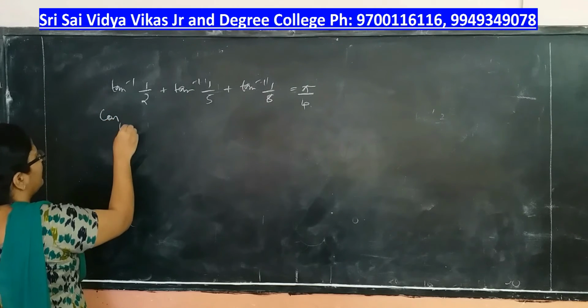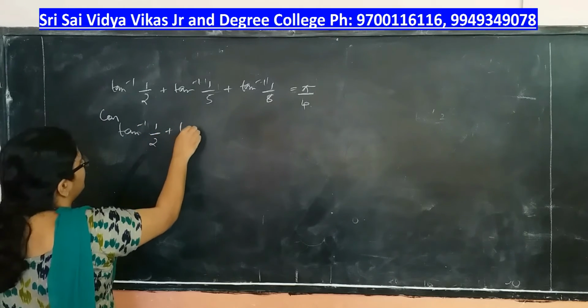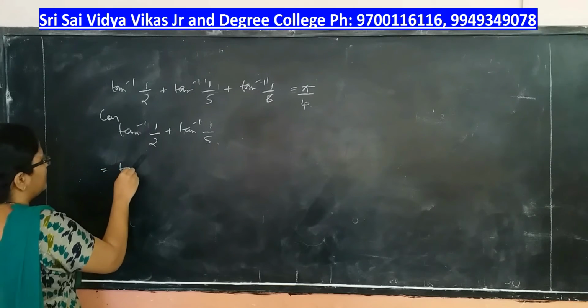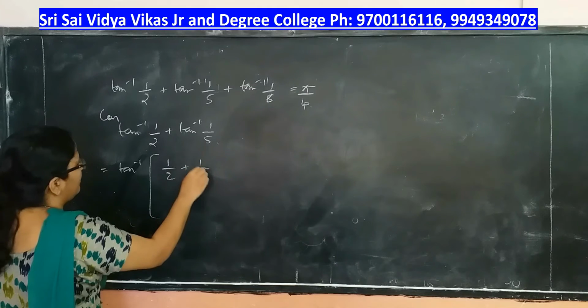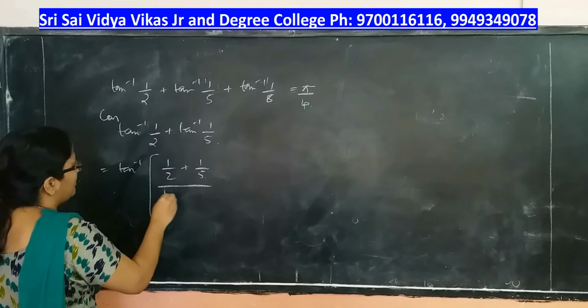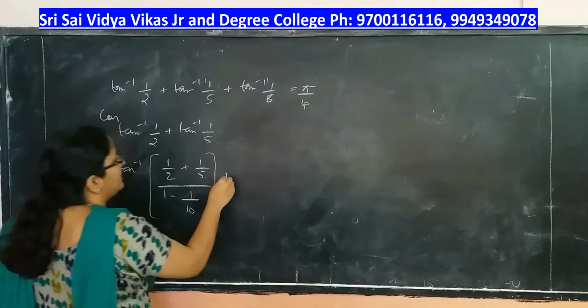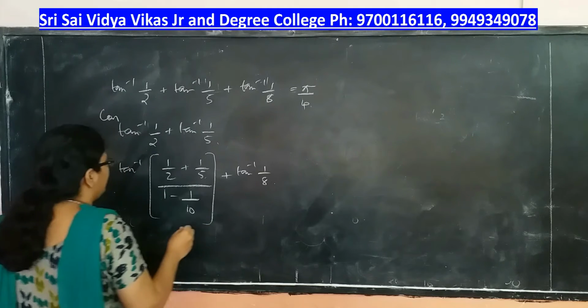Consider tan inverse 1 by 2 plus tan inverse 1 by 5, this is equal to tan inverse of (1 by 2 plus 1 by 5) by (1 minus 1 by 10), plus tan inverse 1 by 8.